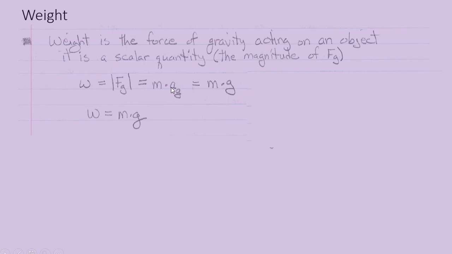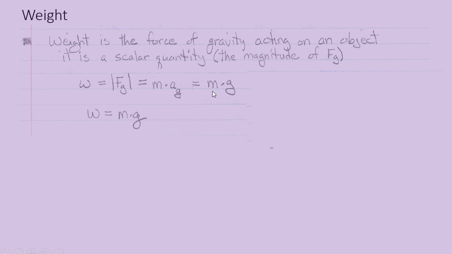Technically, it is the mass times the magnitude of the acceleration due to gravity. In other words, weight is a scalar, so if your gravity happens to be in the negative direction, it's not going to turn weight into a negative quantity because weight has no direction.